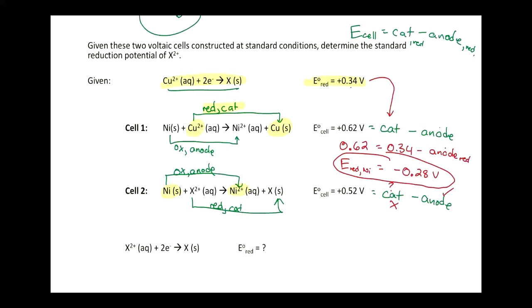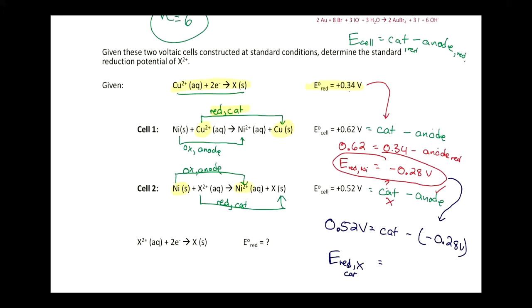So putting it all together, positive 0.52 volts equals the cathode's reduction potential, which I'm trying to figure out, minus the anode, which we got before: negative 0.28 volts. And so we get that the reduction potential for our cathode, which is X, is equal to positive 0.24 volts.